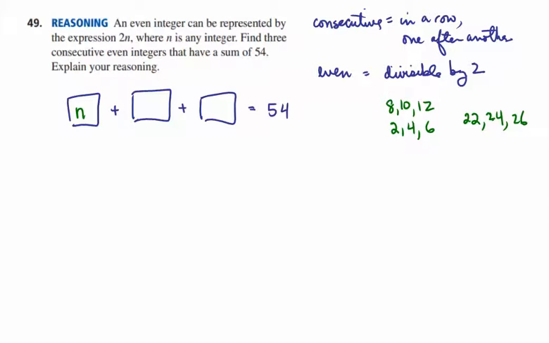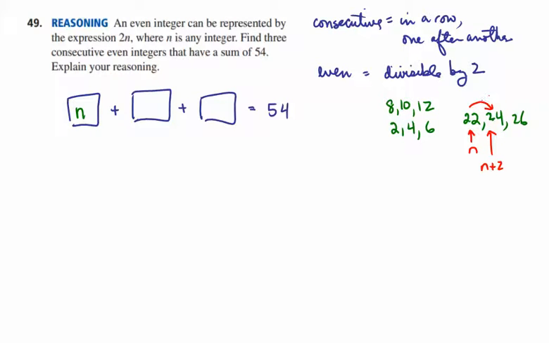So we're going to start with one of them, which we don't know what it is. We're going to call it n. And how do we get from the first consecutive even integer to the second? Well, you can see that we added 2. So the second value will be n plus 2.